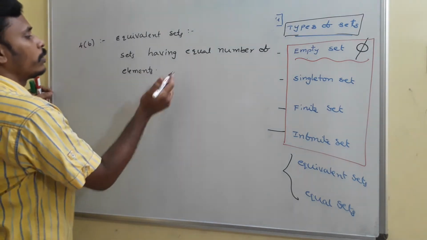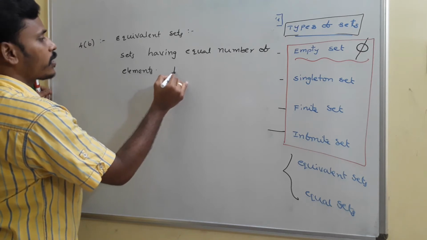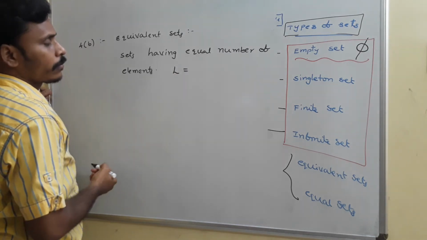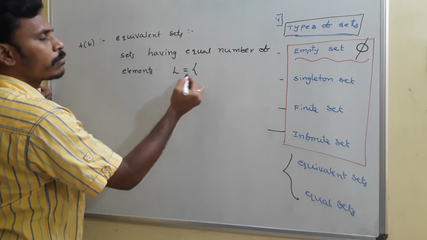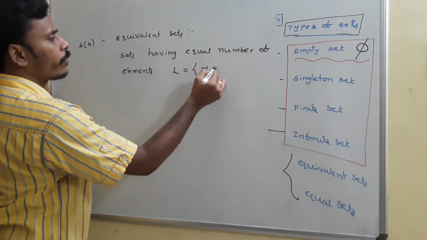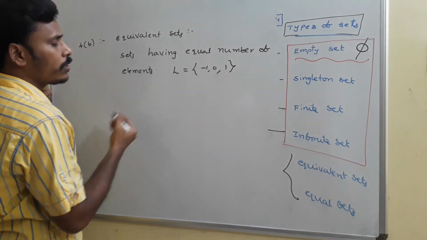For example, if you take a set L, L is equal to any number of elements like minus 1, 0, 1. L is a set containing the elements minus 1, 0, 1.